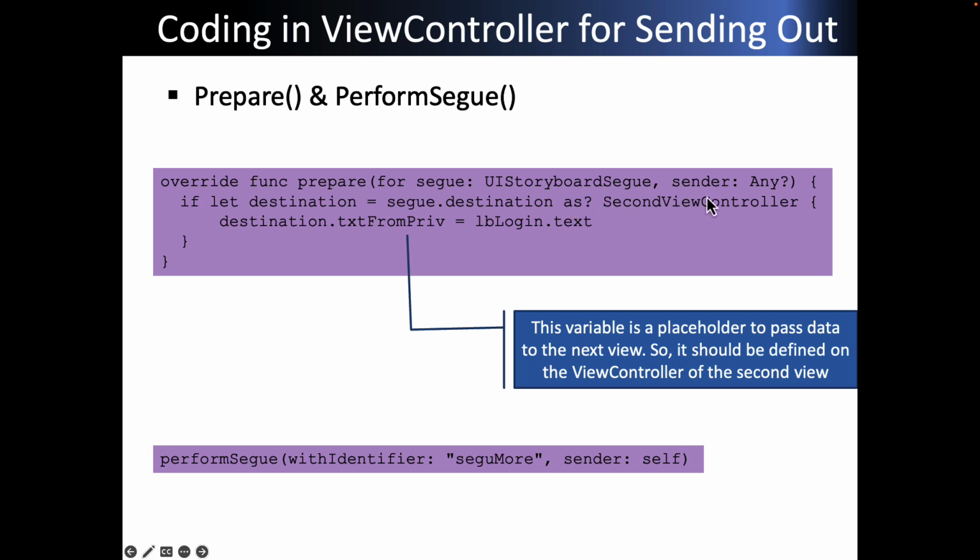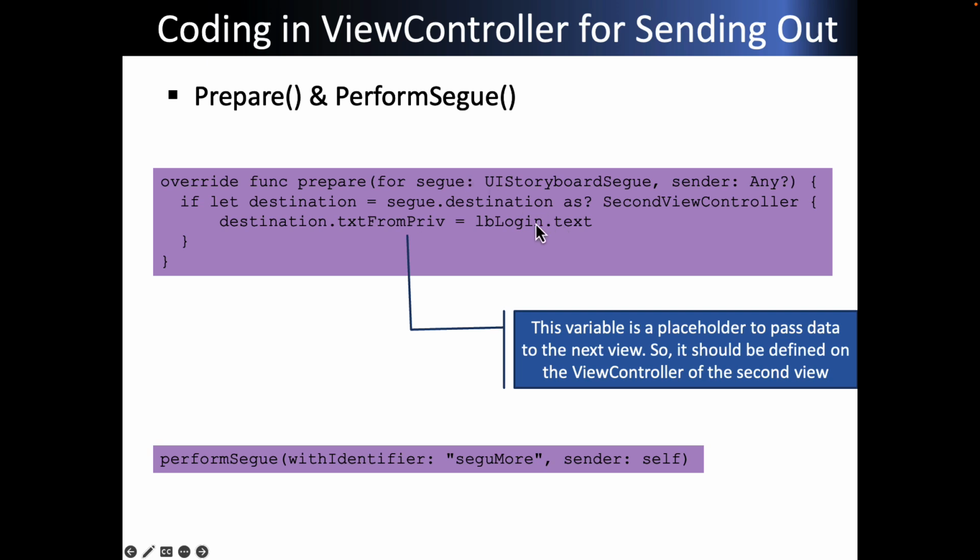If the Swift code for the second view is available, then we call that destination through this segue, and I will assign that object to my local constant, which is called destination. This constant is the type of that view controller, and that view controller has a variable, whatever variable is defined in this controller.